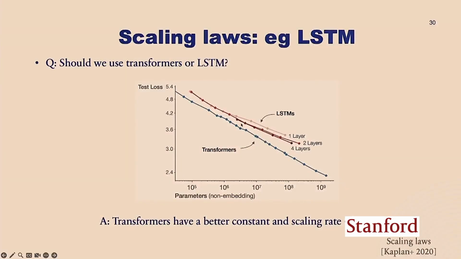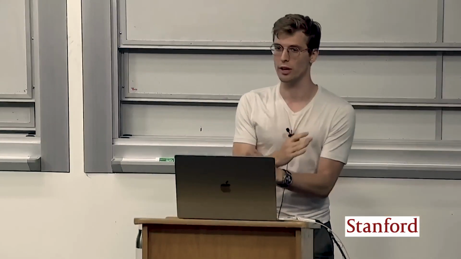The other thing is your intercept. You could start worse, but actually become better over time. It just happens that LSTMs are worse for both. But I could show you another one where you can predict that after a certain scale, you're better off using that type of model than others. So that's why scaling laws are actually really useful.